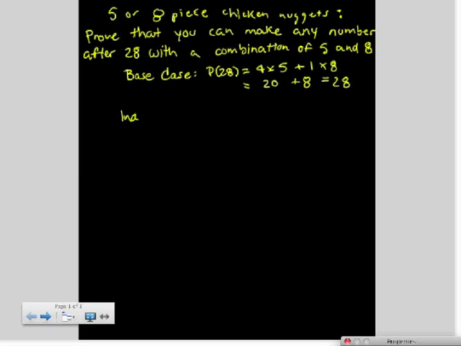So now we're going to do our inductive hypothesis. For our inductive hypothesis, we're going to assume P of k is true for k greater than or equal to 28.